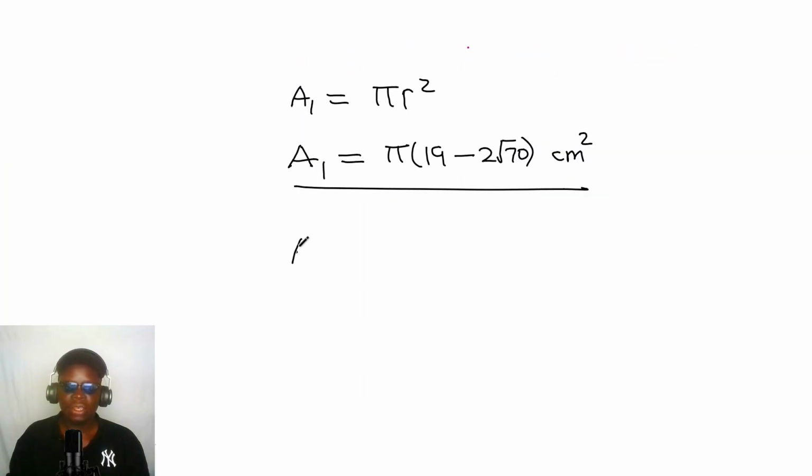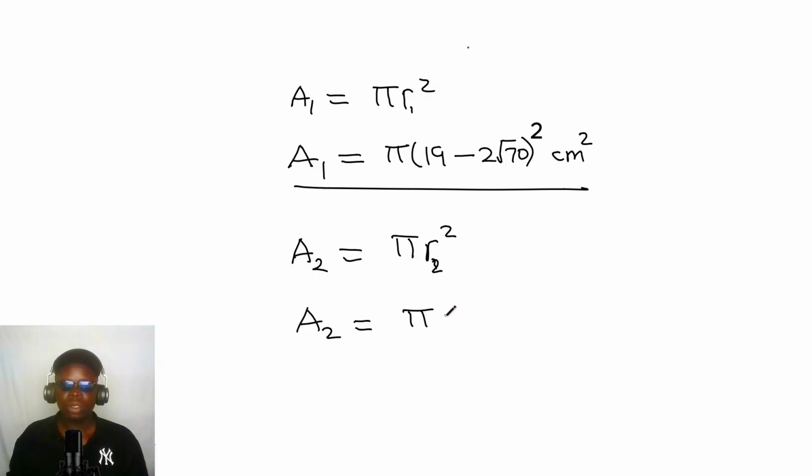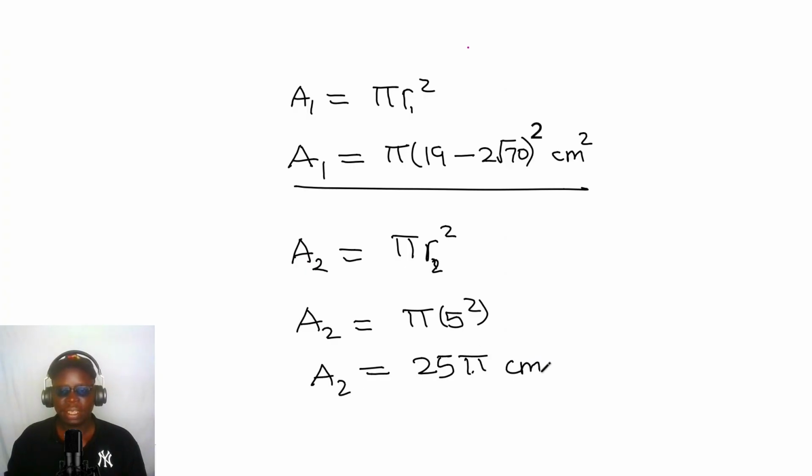Let's say this is 1 and this is 2, and area 2 is the area of the bigger circle. Making substitution, we knew earlier on that the radius was 5, so we have 5 squared. Now 5 squared is 25, so this becomes 25 pi, and that is also in square centimeter.